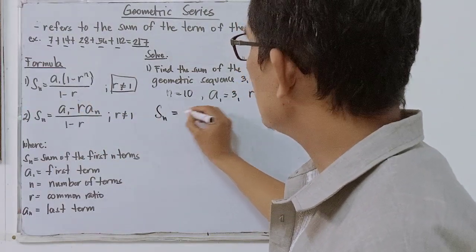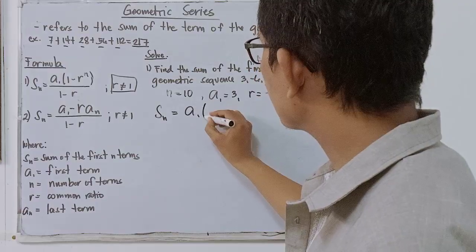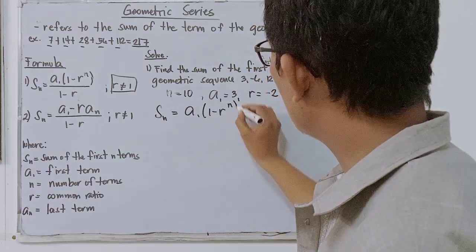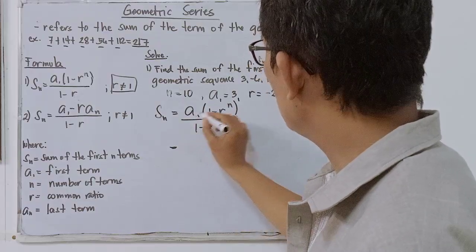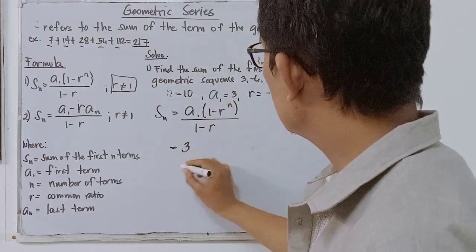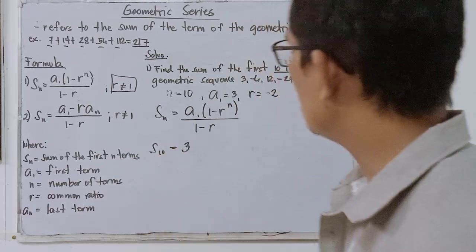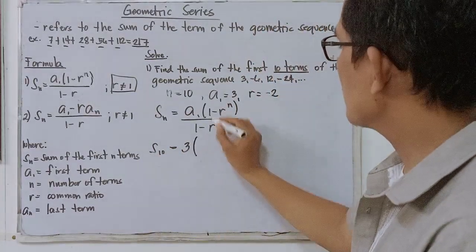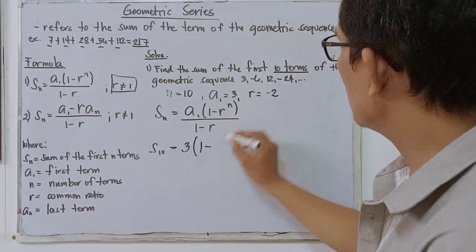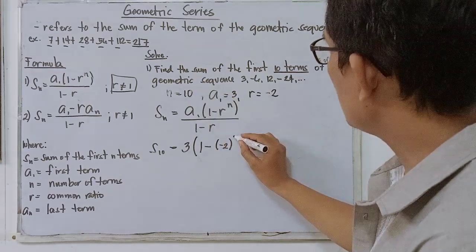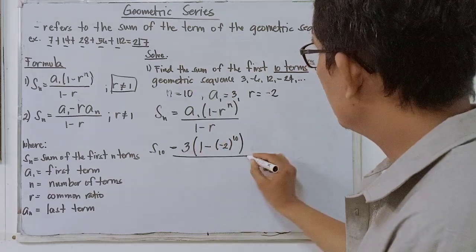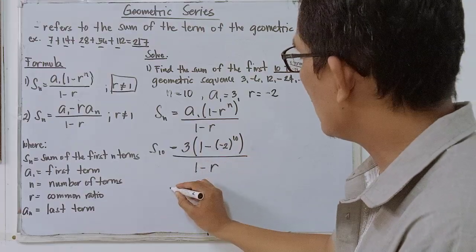S sub n is equal to a sub 1 times 1 minus r raised to n, all over 1 minus r. So our a sub 1 is given, that is 3. So this is now the sum of 10 terms: 3 times 1 minus the common ratio negative 2 raised to our n, which is 10, all over 1 minus r.